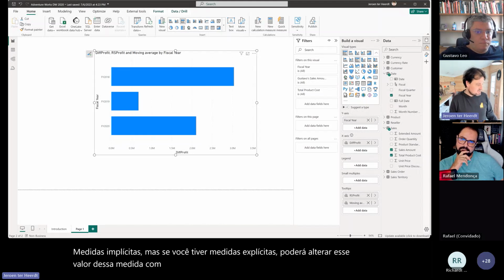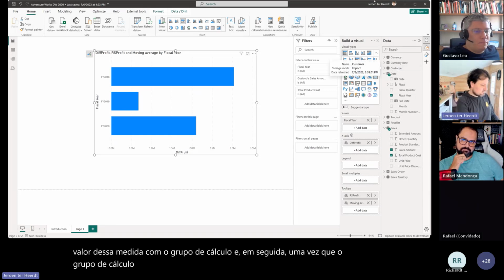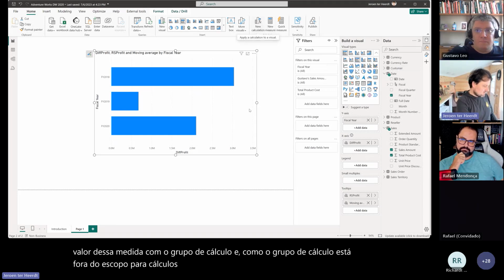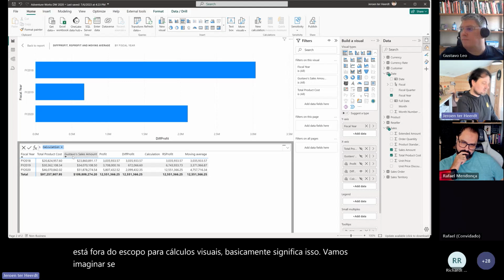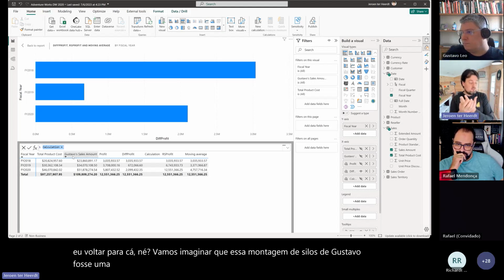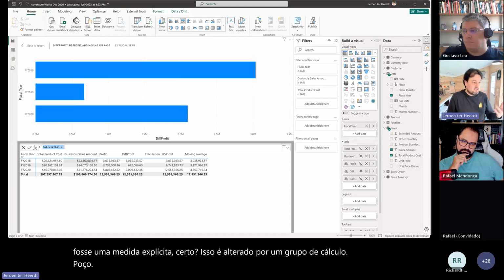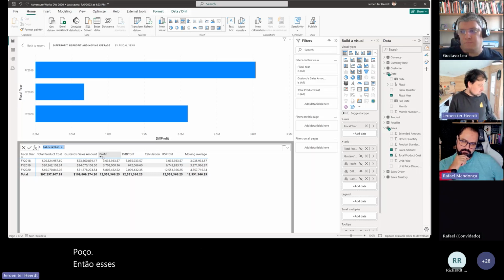And then since the calculation group is outside of the scope for visual calculations, it basically means that, let's imagine, if I go back in here, right? Let's imagine this Gustavo sales amount was an explicit measure that is changed by a calculation group. Well, then these numbers will update. That's fine, because profit will just take these new numbers.